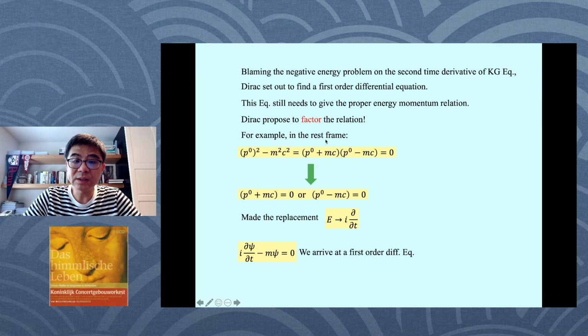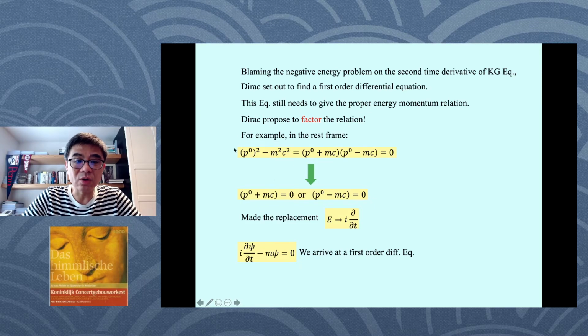For example, let's illustrate this idea first in the rest frame. In the rest frame, there is no free momentum, only the p0. Therefore, in the rest frame, p0 squared minus m squared c squared is equal to 0. That's the usual energy momentum relation, and of course here the momentum is equal to 0.